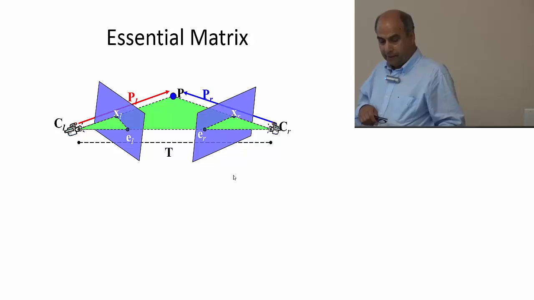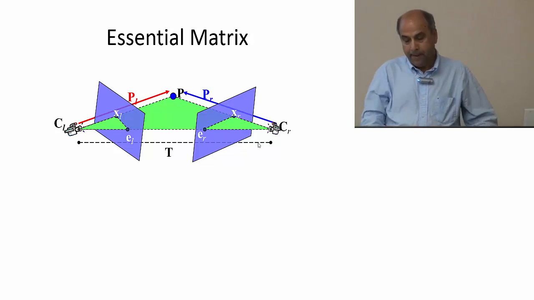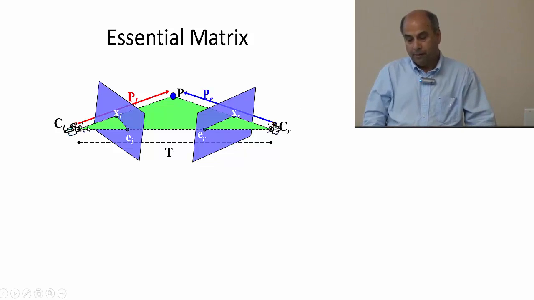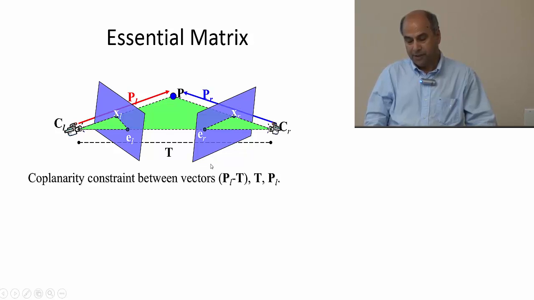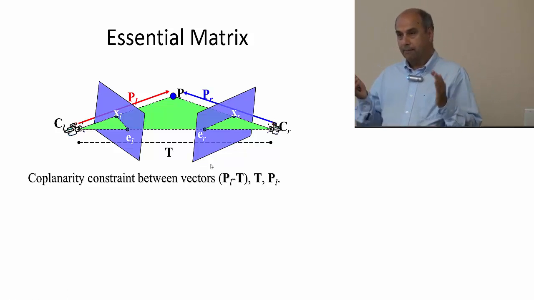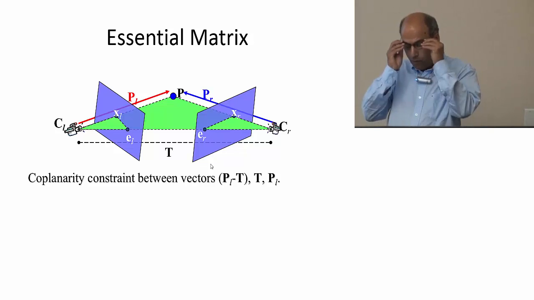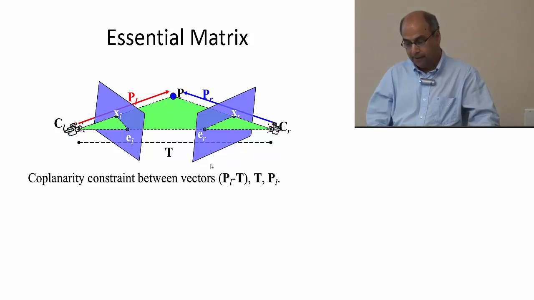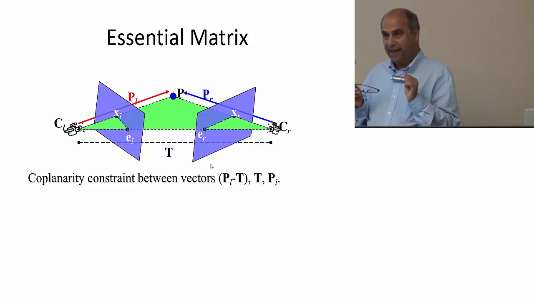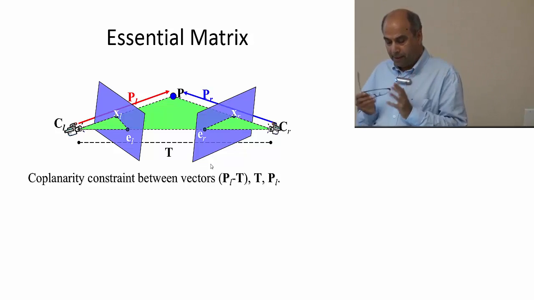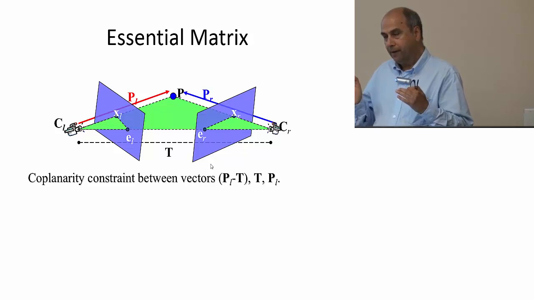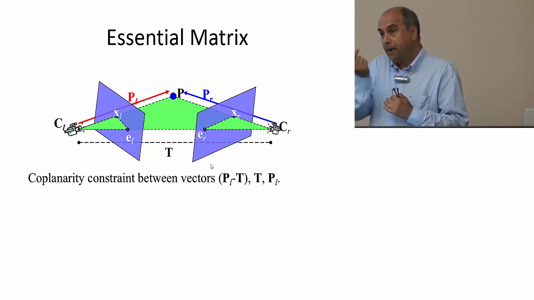So once we know that, then we can go in deeper here. We'll say this vector is PL, this vector is PR, and this vector is T. And then since these vectors lie in a plane, they are coplanar. So we will use this coplanar constraint: if we take two vectors in a plane and find their cross product, the cross product will always be perpendicular to that plane.